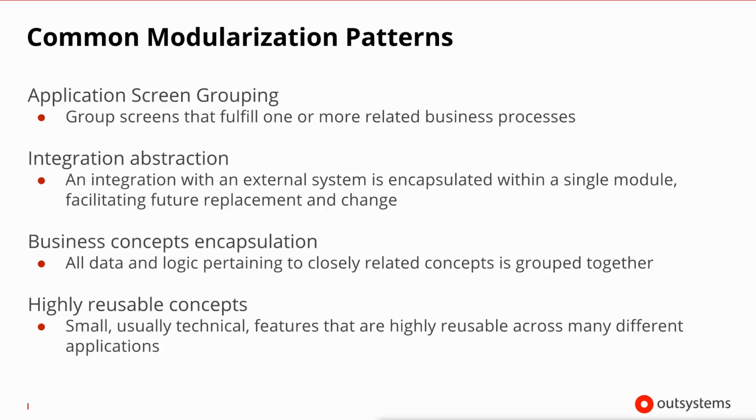Another very common pattern is to wrap business concepts. Wrap every single entity that together works for a particular functionality of your application. So for example, you might have every single entity, every single piece of data that deals with orders and order management in a particular module.